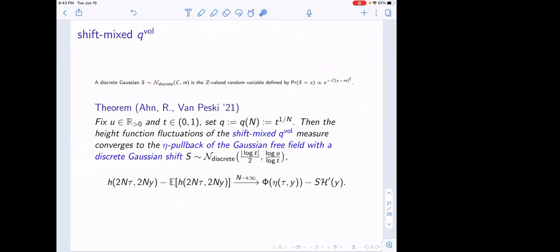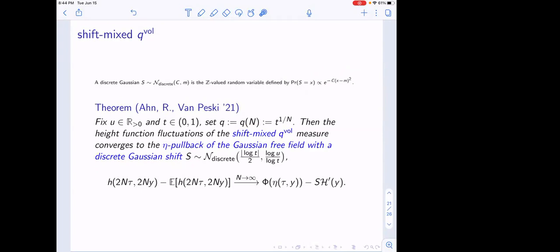So here is the definition. Note that the parameters C and M here are close to the mean and variance as for the Gaussian variable, but not really. They are related, but they're not exactly the mean and variance. So anyway, in the case of the shift mix Q to the volume measure, the fluctuations converge to the Gaussian free field with a discrete Gaussian shift.